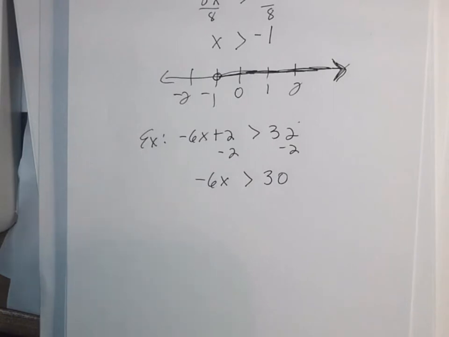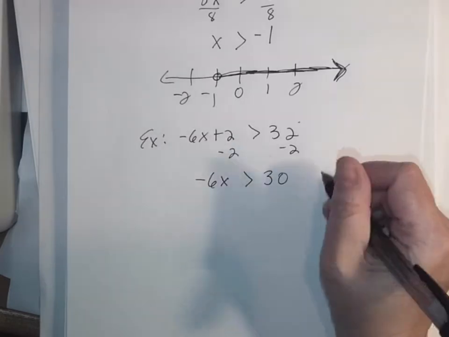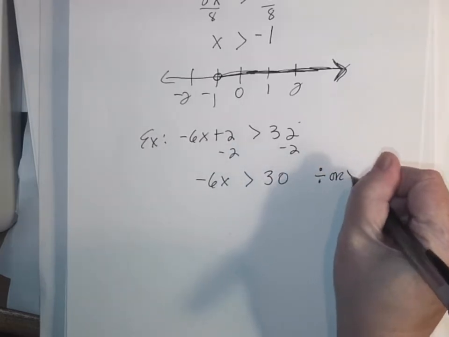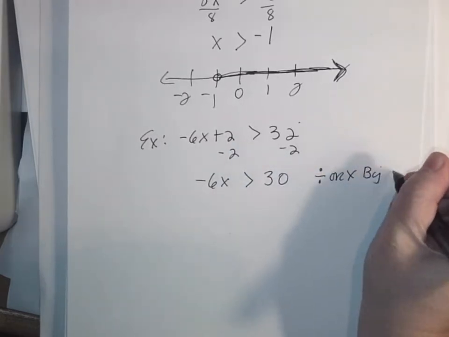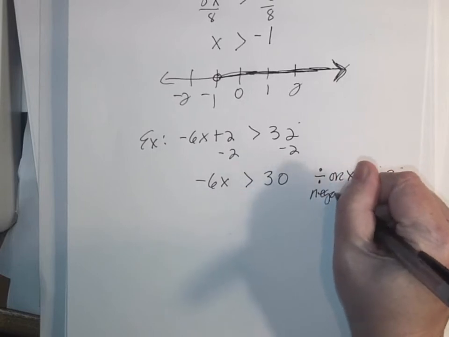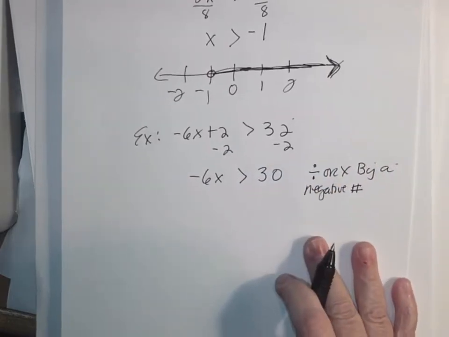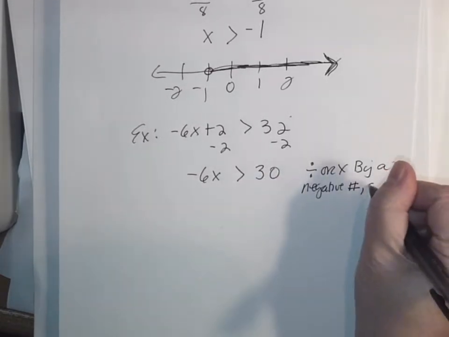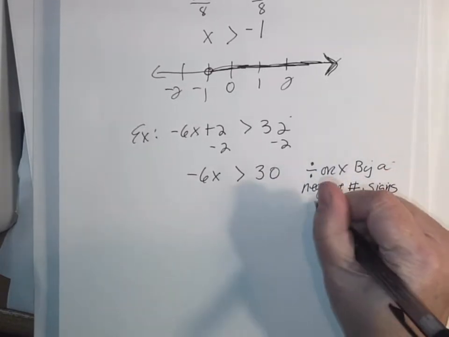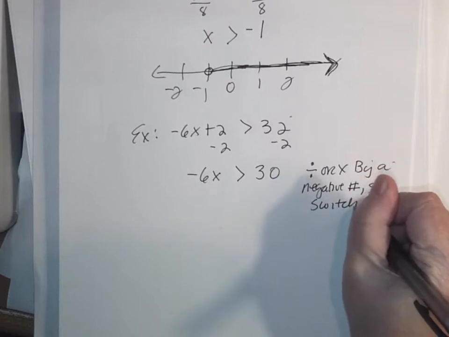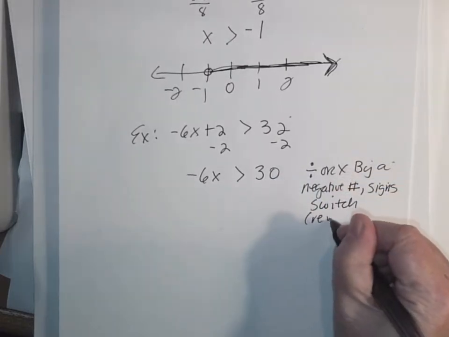Now, one thing I have not talked about is when you divide or multiply by a negative number, and it's only when you're dividing or multiplying by a negative number, the signs switch. You need to reverse the sign.